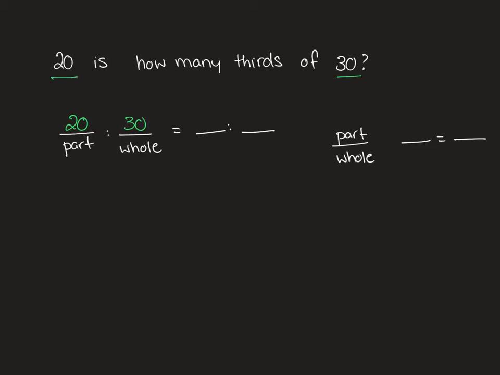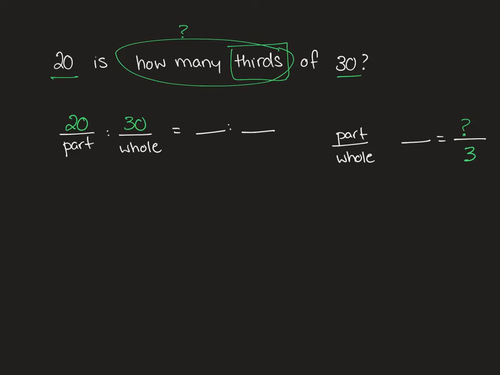Now, we just have to figure out what to do with this how many thirds. So what does the thirds tell us? The thirds would tell us that something is out of 3, right? And just because we deal with that with fractions often, do we know how many groups of the thirds? No, so we would have a question mark there, right?